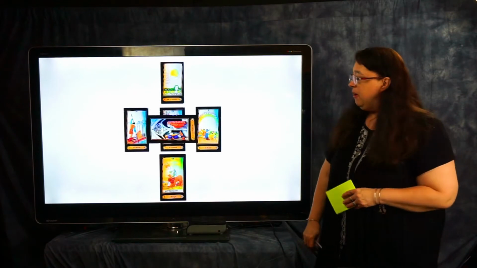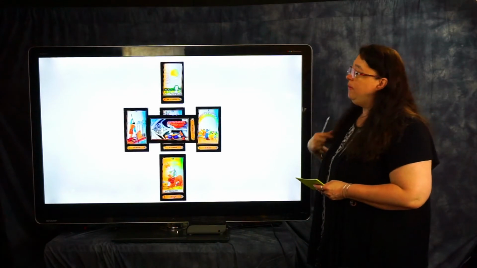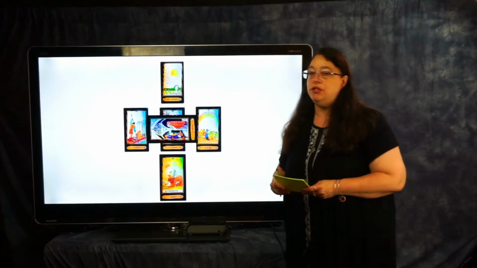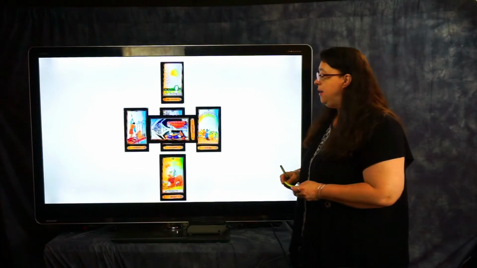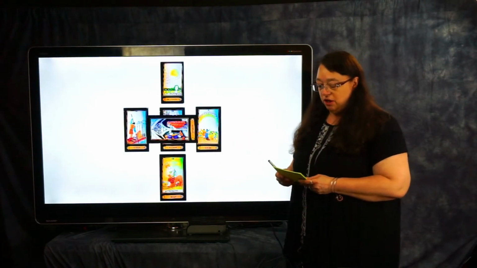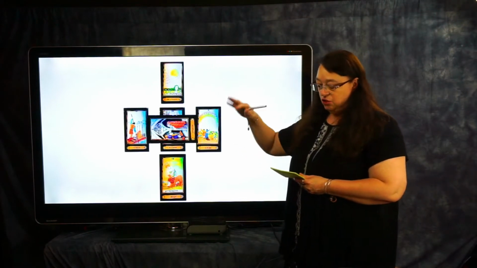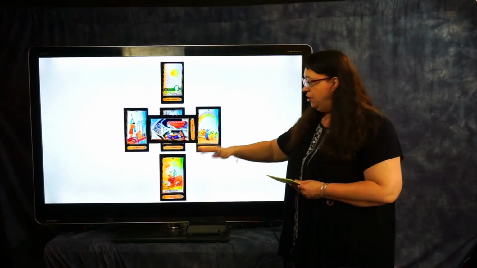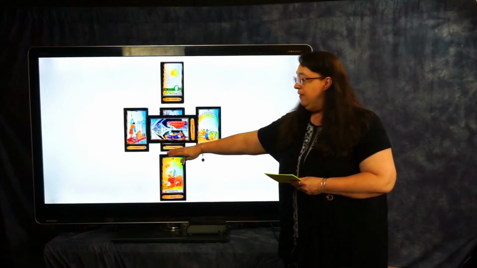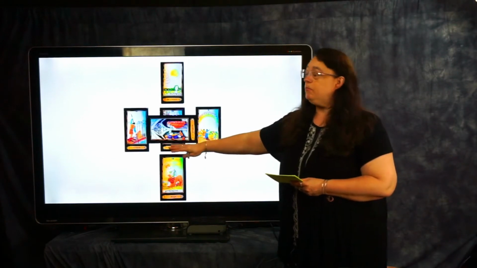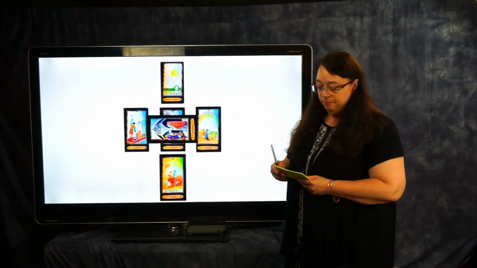Now, another very common spread, and one that's used by a lot of readers, is what's known as the Celtic cross spread. This is the basic version of that. Basically the general idea is that you're going to lay out different cards. You have one here in the middle that represents the present, kind of like the other spreads did.